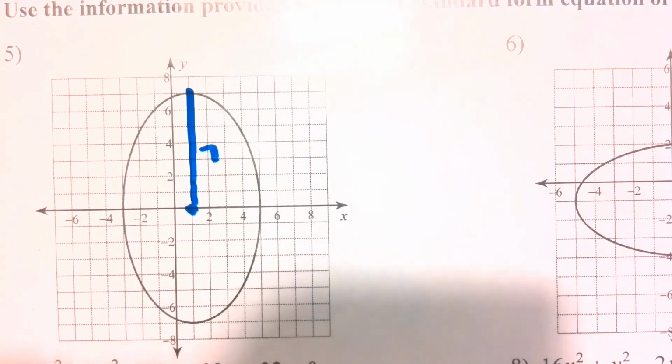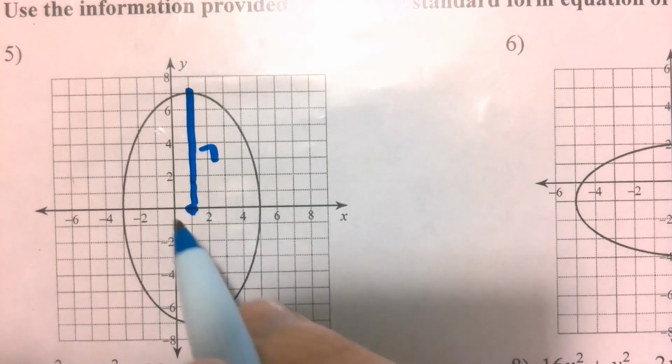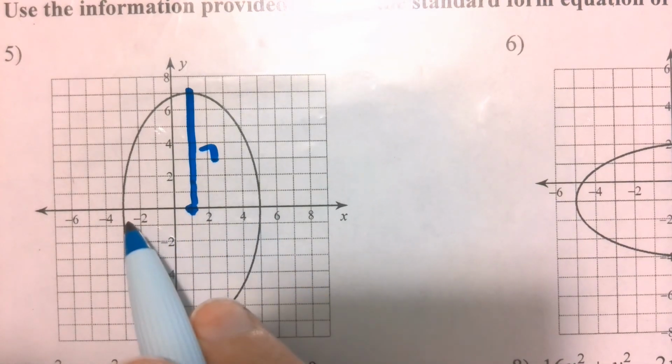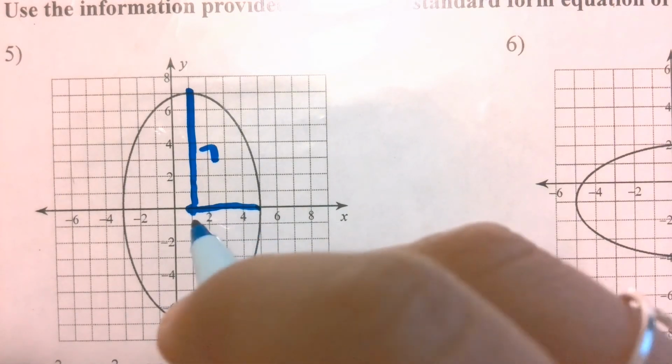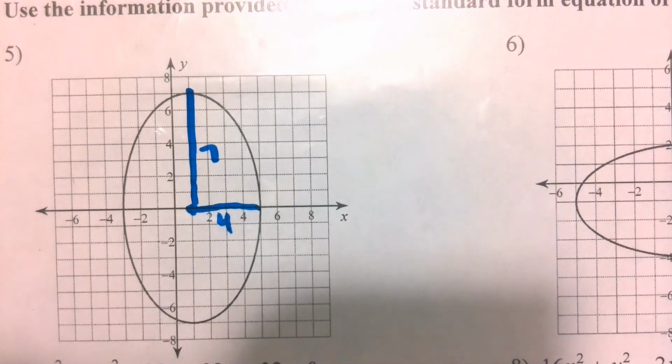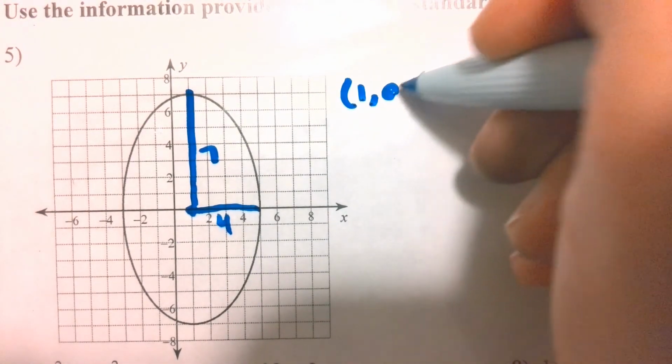So it looks like these are both up and down a distance of 7. And then it should be the same distance left and right as well. And it looks like that distance is 4. So just checking in both directions, 7 up and down, 4 for left and right. So now that we know that that is the center, that's at the point 1, 0.